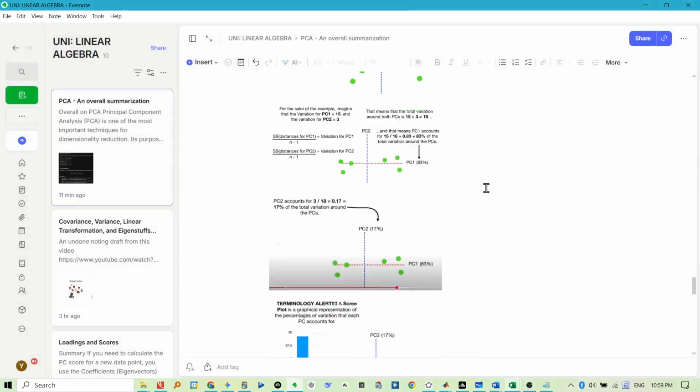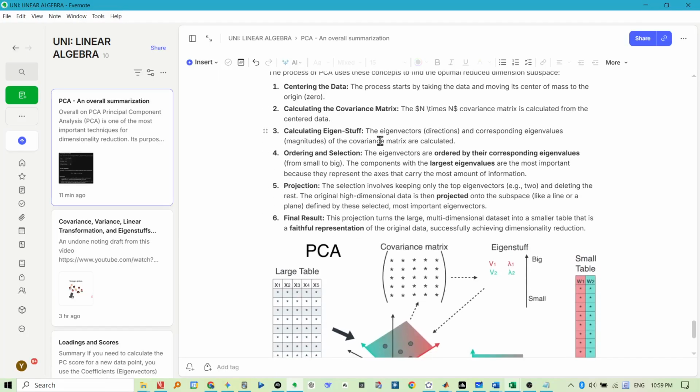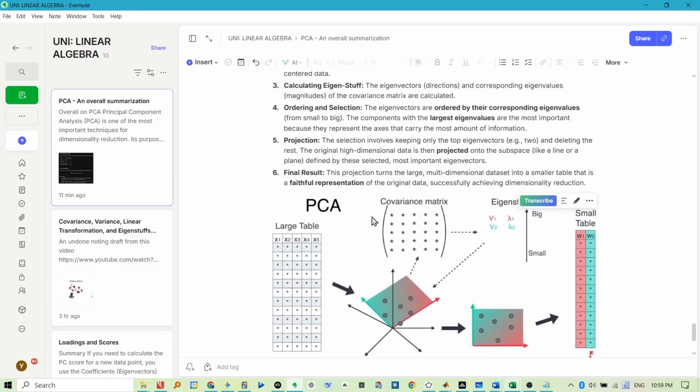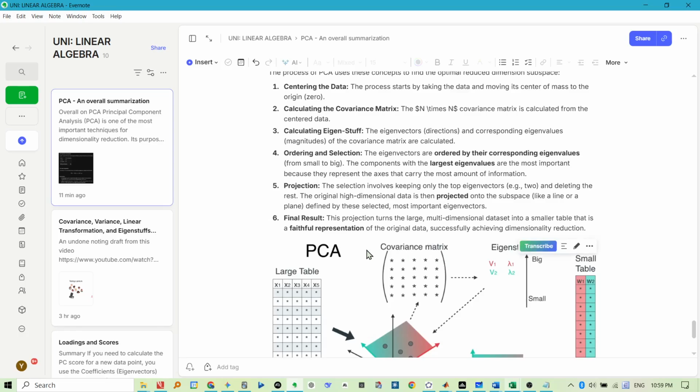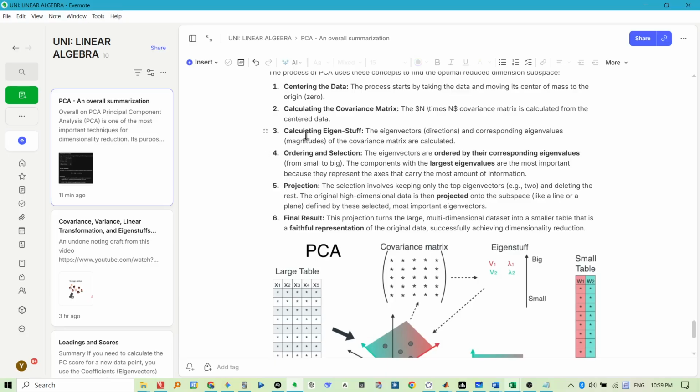The second thing is calculating the covariance matrix. We have talked about this before. The covariance matrix describes the shape of our data. Then we extract the eigenstuff from that covariance matrix: the eigenvectors, which are our directions, and the corresponding eigenvalues, which are the magnitudes.